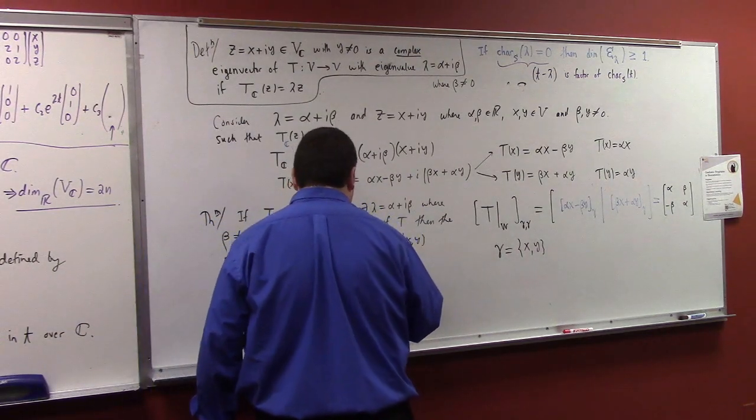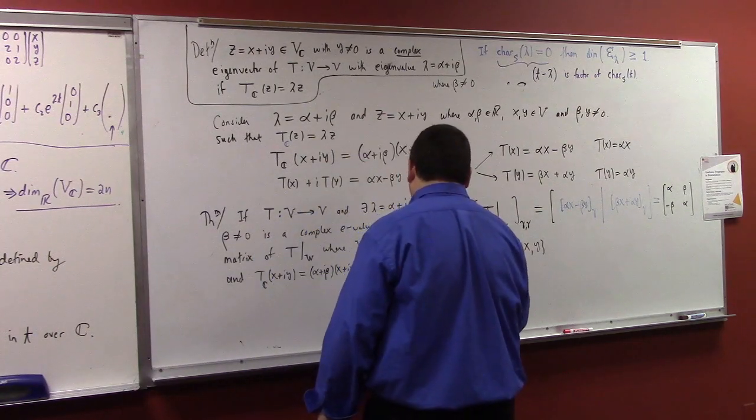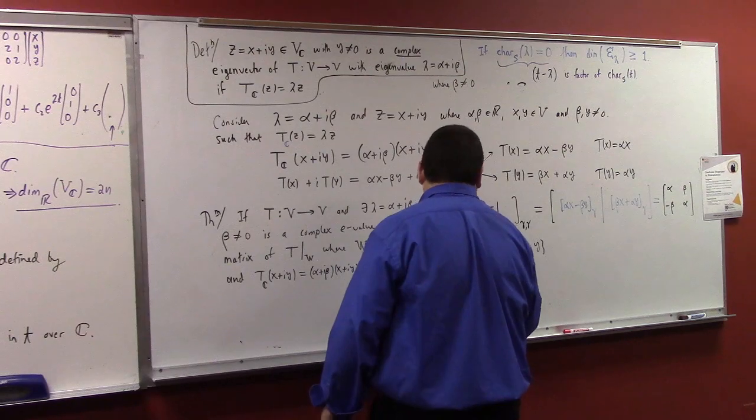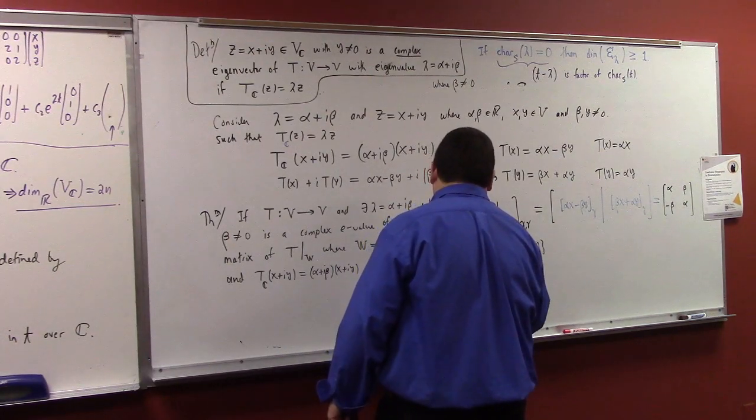Gives the matrix of T with respect to that basis. That matrix is, like we just found, alpha, minus beta, beta, alpha.